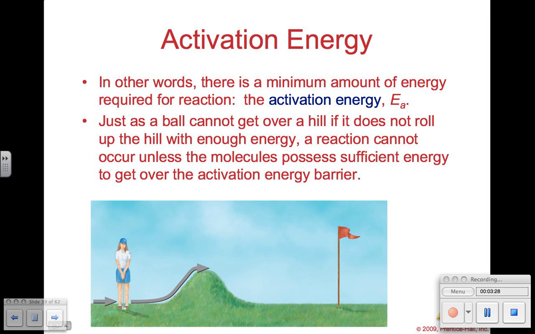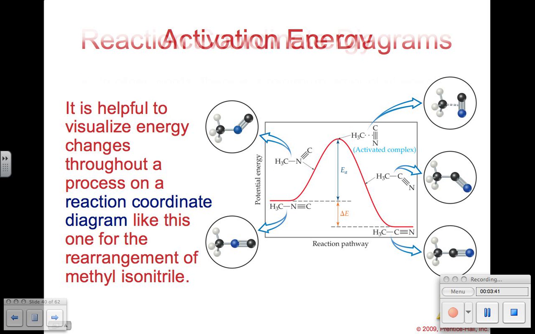When a reaction occurs, there's always a need to have enough energy for the reaction to go forward. This is what we call the activation energy. We write it as E sub A, and it's the energy required to get over the initial energy necessary to break bonds and get the reaction going forward.